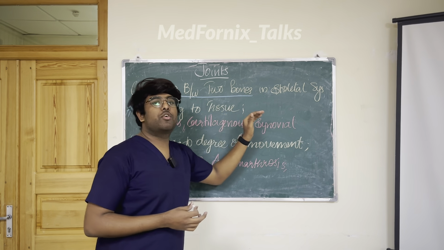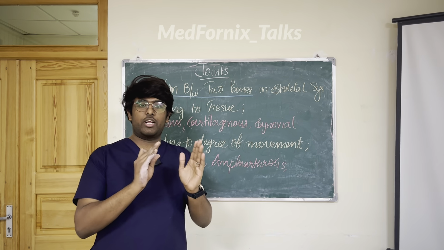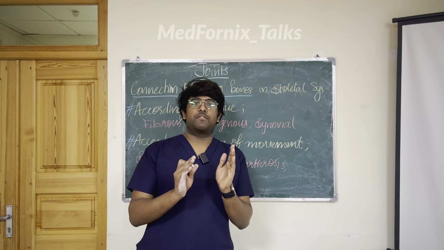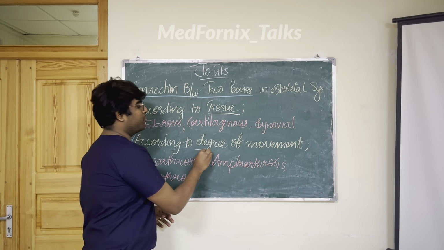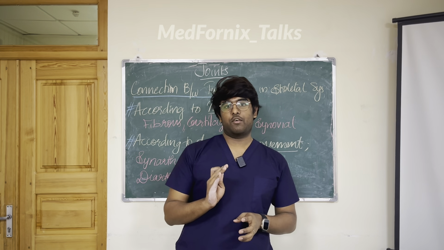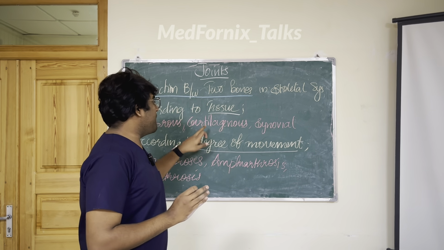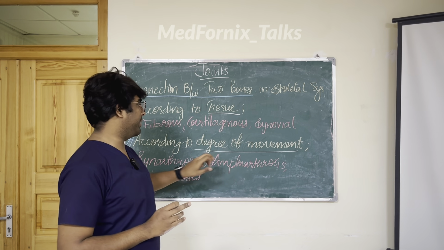According to basic anatomy, we can classify joints in two ways: according to the tissue they are made from, and according to the degree of movement, that is, how they can move and in what direction.